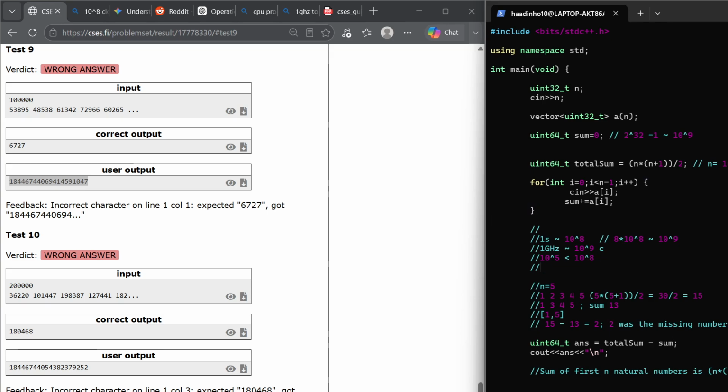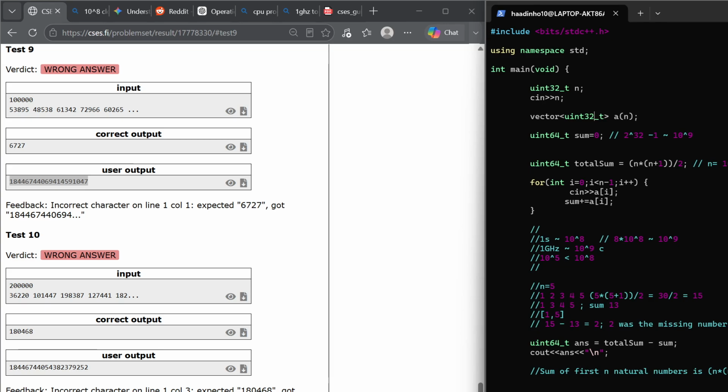Total sum is n into n plus 1 by 2, and sum. So let's say the maximum is 10 power 5 into 10 power 5, which is 10 power 10, and 10 power 10 by 2 should not be a problem because it cannot be more than this.